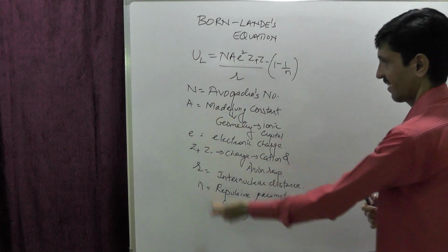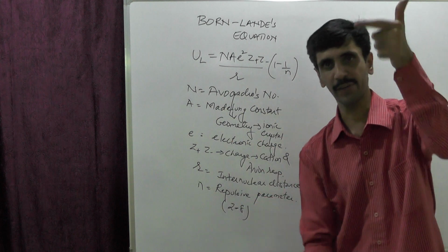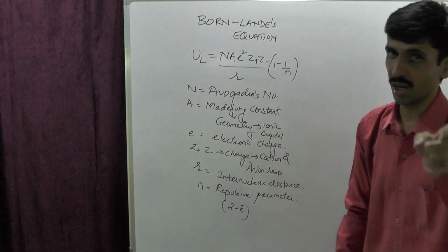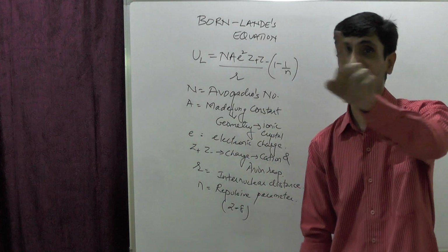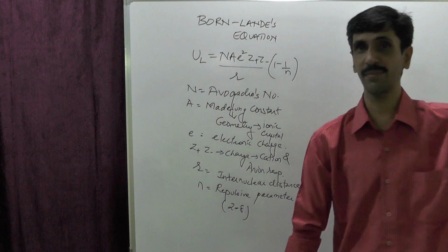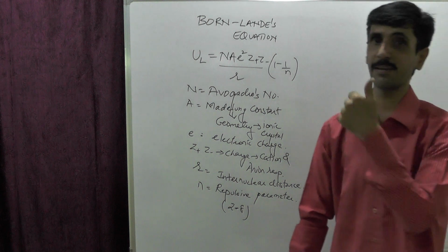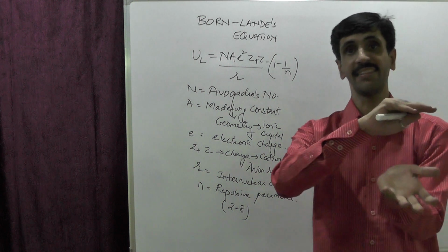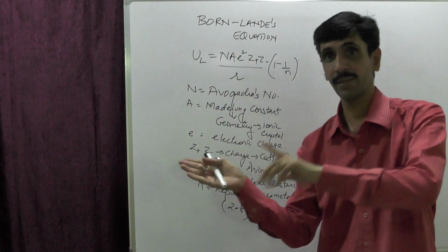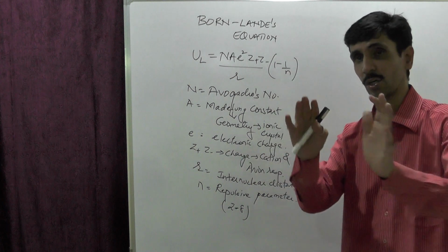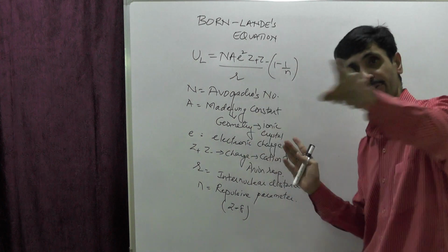N_A stands for Avogadro's number, A is the Madelung constant, Z plus and Z minus are the charges on the cation and the anion respectively, e is the charge on the electron, and n is basically a repulsive parameter. We can also say it is related to a beta factor. But as I told you, we are here to put a simplified form in front of you.